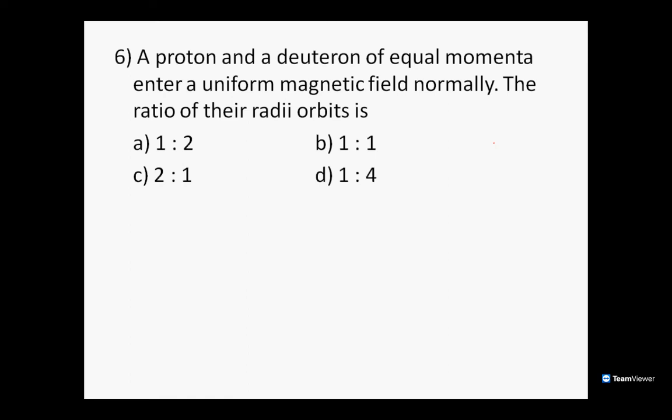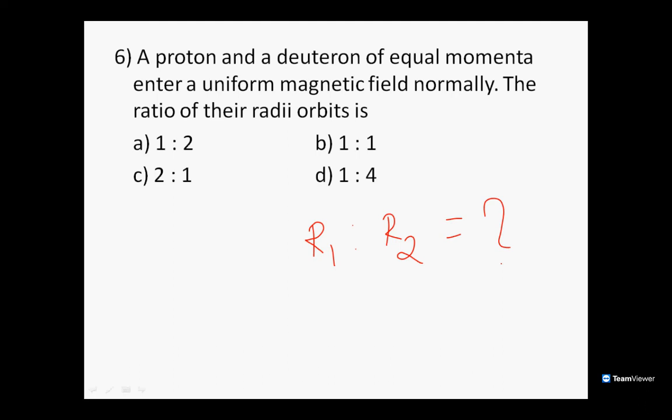A proton and a deuteron of equal momenta enter a uniform magnetic field normally. The ratio of their radii of orbits R1 is to R2 equal to what? He's asking. Students, in this problem, momentum is equal.